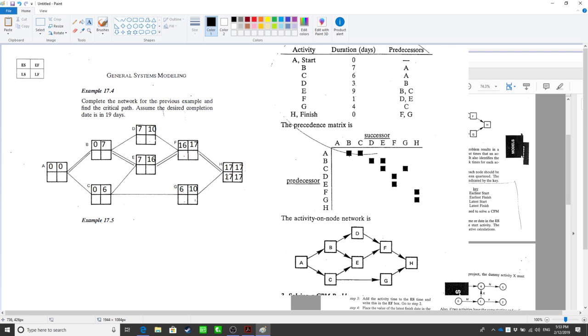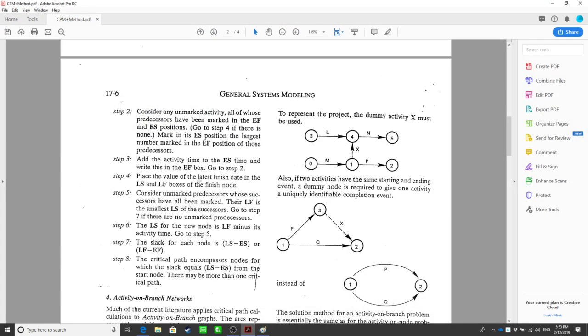So the start and finish are the same. Okay, and let's see. Then step 5, consider unmarked predecessors whose successors have all been marked. Their LF is the smallest LS of the successors.